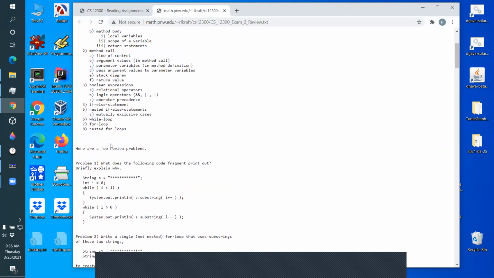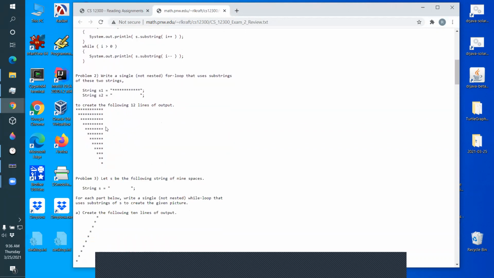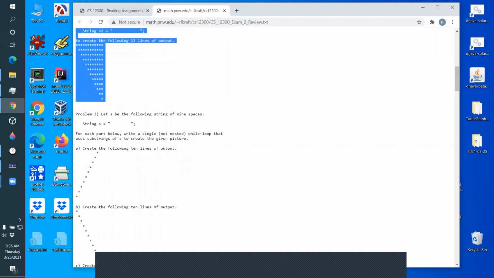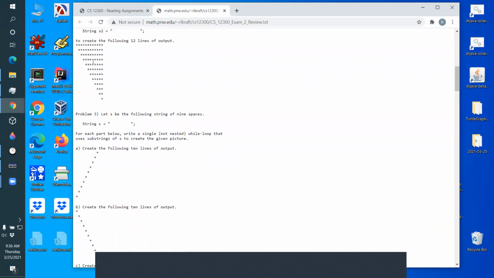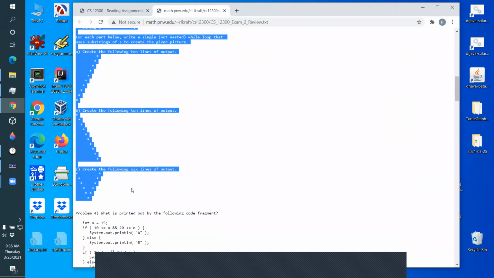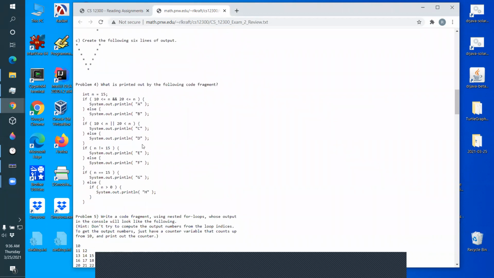So any one of them is good, but if you don't feel real comfortable, if you can't solve one of these real quickly, you might need to do another one. They're asking you to do pretty much the same thing. Same with these if statement problems.